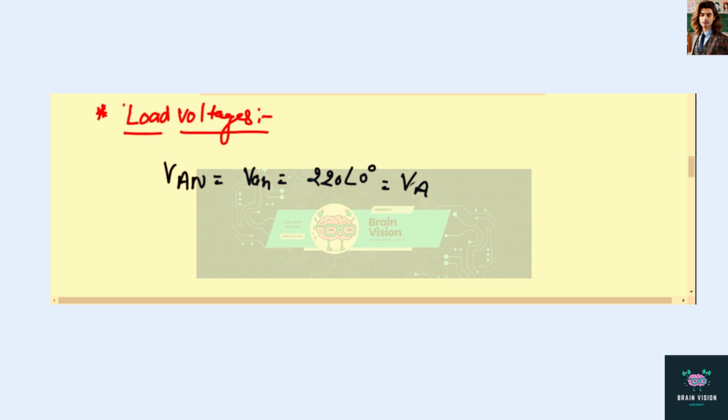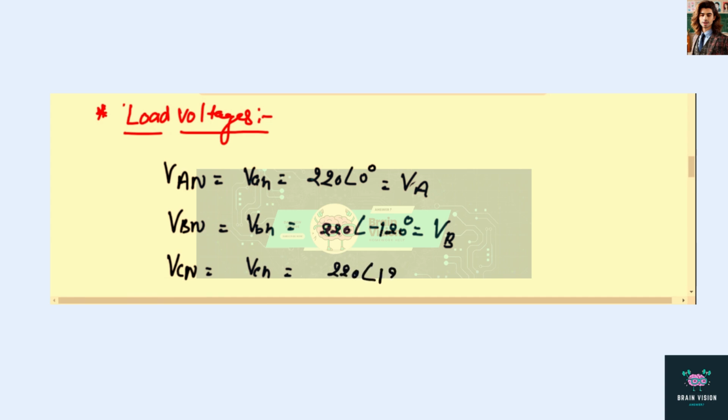Similarly, for the second load, VBN is equal to 220 angle minus 120 degrees, and you can simply write it as VB, right? The third one is VCN, which is 220 angle 120 degrees, which can be simply written as VC. So this is the final answer for the third one.